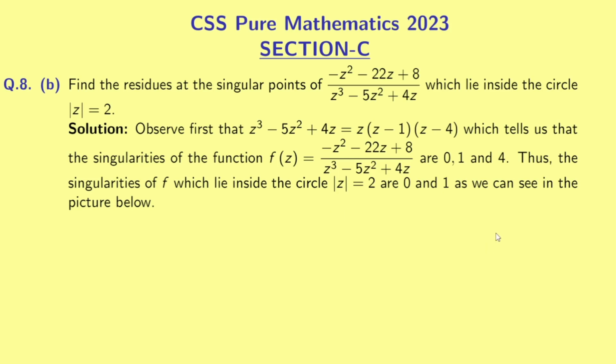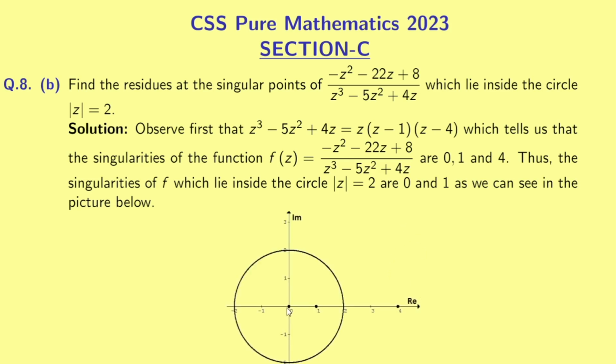And since the modulus of 4 is greater than 2, the only singularities of f which lie inside the circle given by modulus of z equals 2 are 0 and 1, as we can see here. So inside the circle I have 0 and 1, and outside of it I have 4. So we will only find the residues at the points 0 and 1.